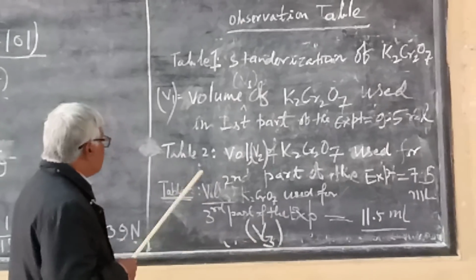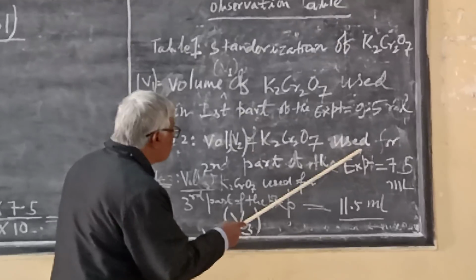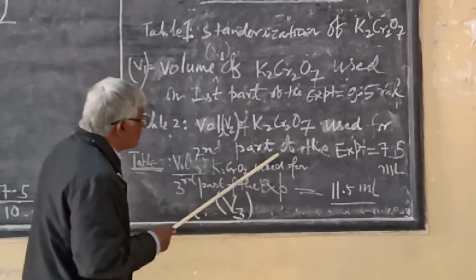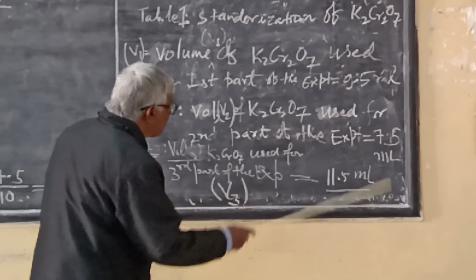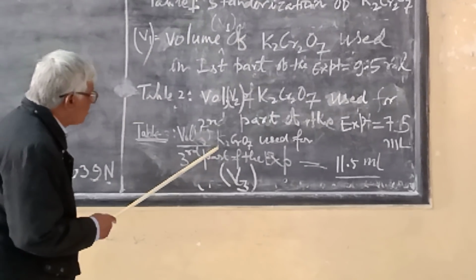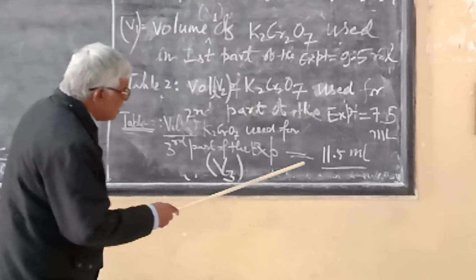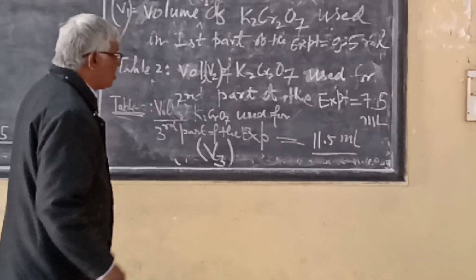In the second part, the volume of K2Cr2O7 used is 7.5, and in the third part, the volume of K2Cr2O7 used is 11.5.